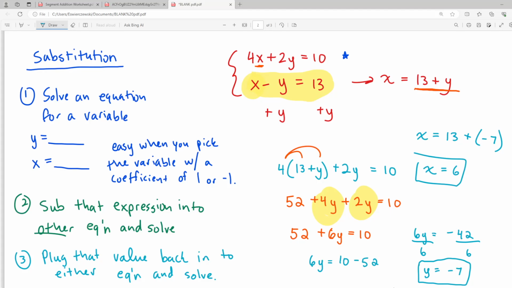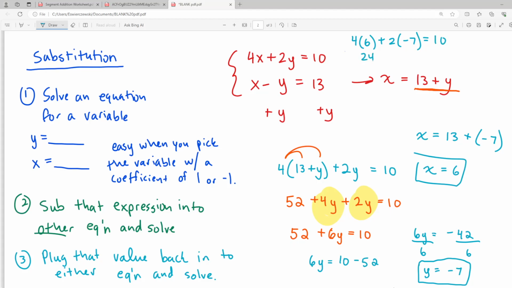And then the last step, which is sort of optional, but you can always go back and check your answer in the original system to make sure that it works. If you plug in 6 for x and negative 7 for y, you should get the right answer. So we'll do this quickly once. 4 times 6 plus 2 times negative 7, and I want to get 10.